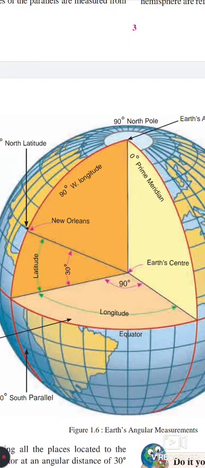Okay, every latitude and longitude is considered with respect to the center point of the earth. Through the center point of the earth, we calculate the degrees of latitude and longitude. Here is the picture.